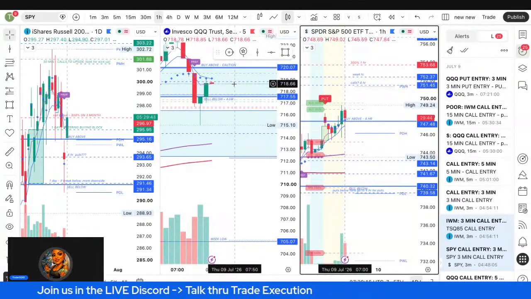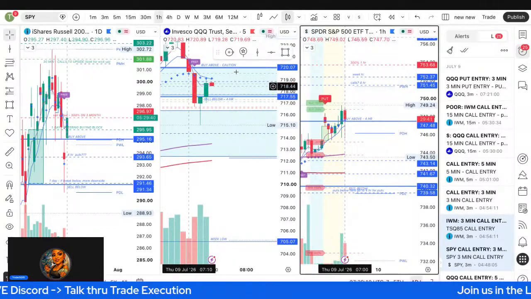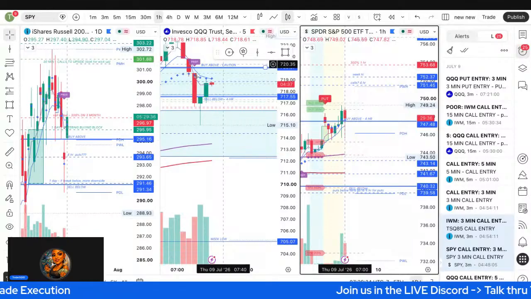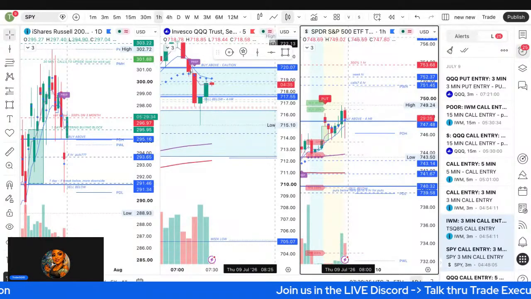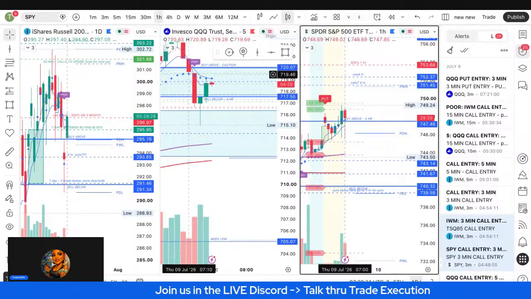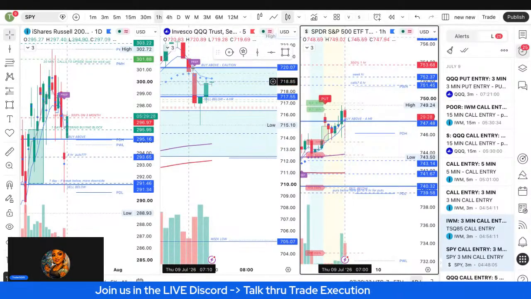Look at that, we opened right below that 50% level. So I talked about how we're either going to build a base and go to the upside or we're going to build a base and go to the downside. Looks like here, this is going to stay below the VWAP, at least on the 5 minute time frame, right? And below the 8.